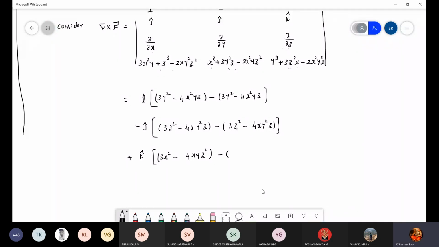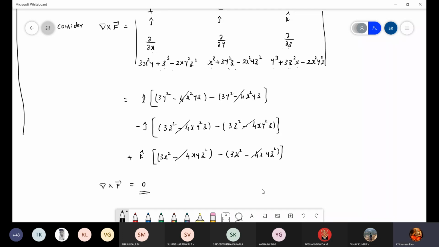Dou by dou y of 3x square, you will get the same term 3x square because y differentiation is 1. 3x square z cube is 0 minus y square differentiation is 2, 2 2s are 4x y z square. Correct? So you can observe here the terms get cancelled. Okay, same terms. So you will get curl F equals 0.